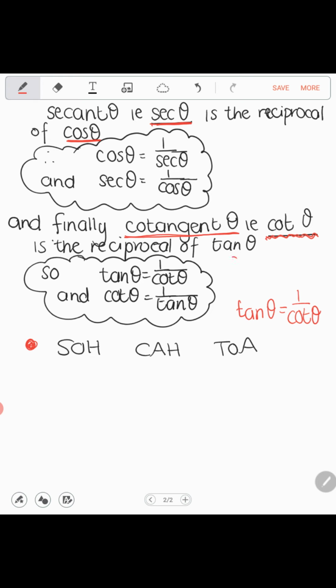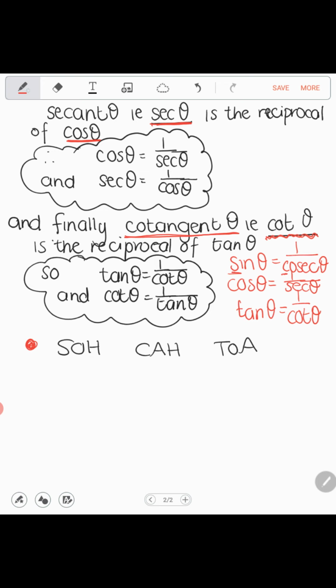Whereas if you think of sine, whose reciprocal is cosec, and cos, whose reciprocal is sec, how I remember it is that the s's and the c's go together. So sine goes with cosec and cos goes with sec, c and s, c and s. So not the same letter, the c and the s's go together. That just helps me remember which goes with which.